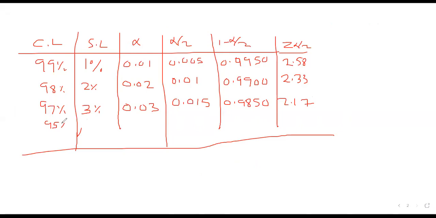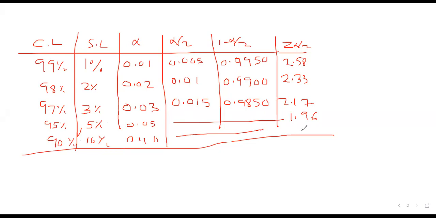95%. In a nutshell, we'll not do all of them, but what you need to know is that these are the most common ones. For 95%, you find it at 1.96. When you get 90%, this is the same as 10%, which is 0.10.